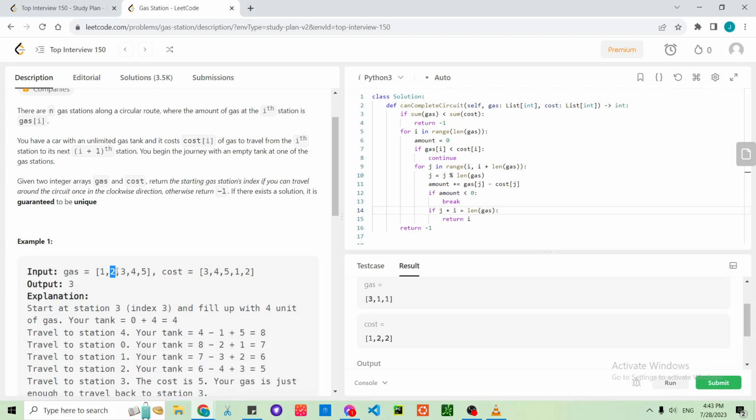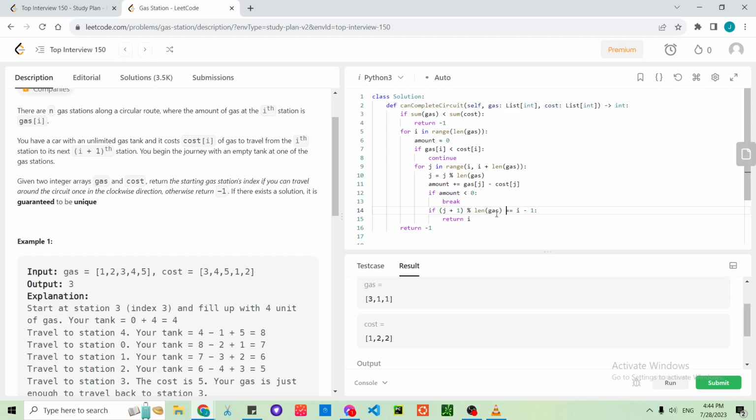What if j is 1, i is 2? Oh, that definitely does not work. So what we need is if j plus 1 modulo length of this.